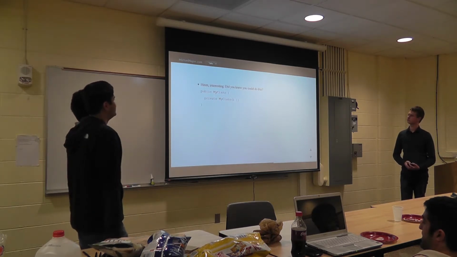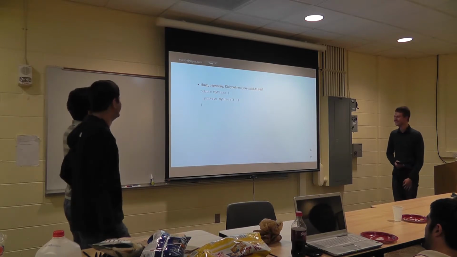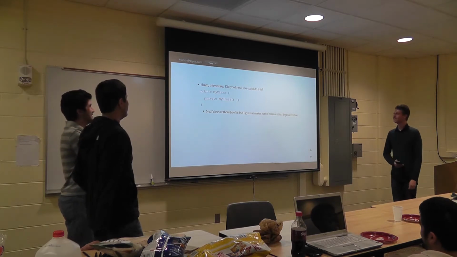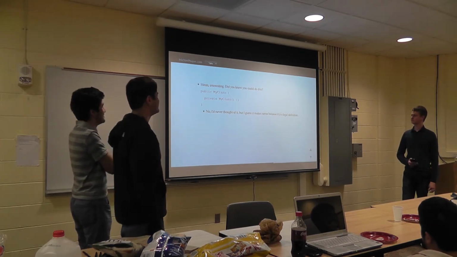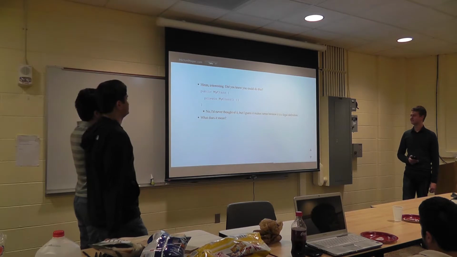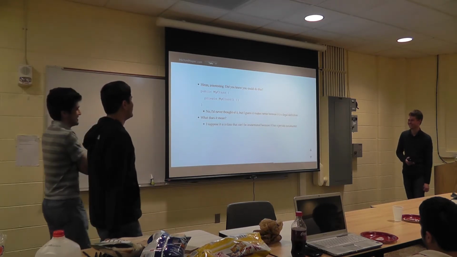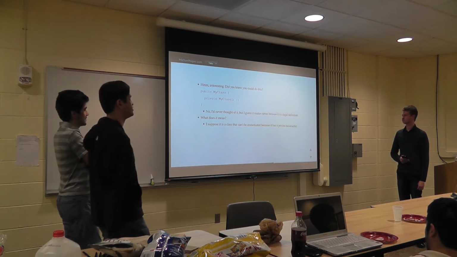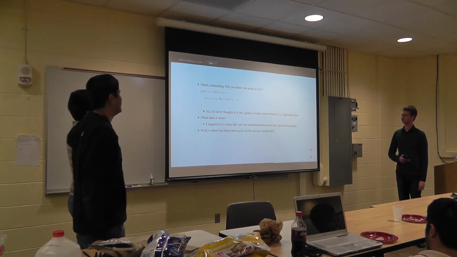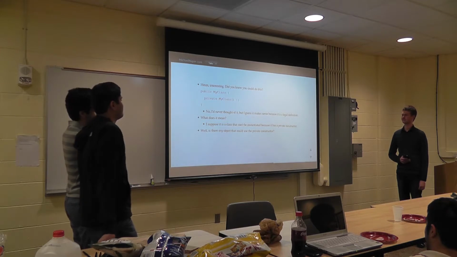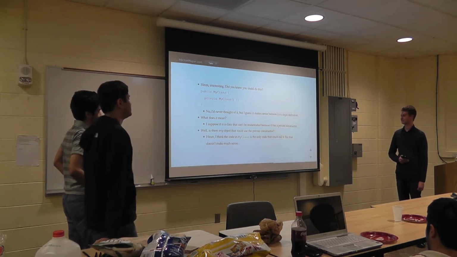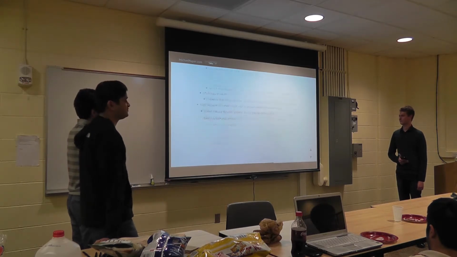Interesting. Did you know you could do this? I never thought of it, but I guess it makes sense because it's a legal definition. What does it mean? I suppose it is a class that can't be instantiated because it has a private constructor. Well, is there any object that could use the private constructor? I think the code in MyClass is the only code that can call it, but that doesn't make much sense.